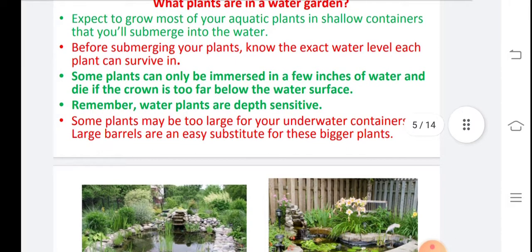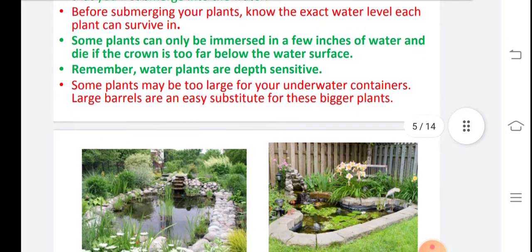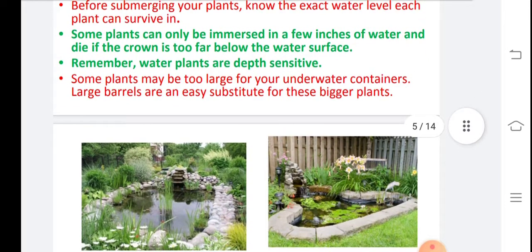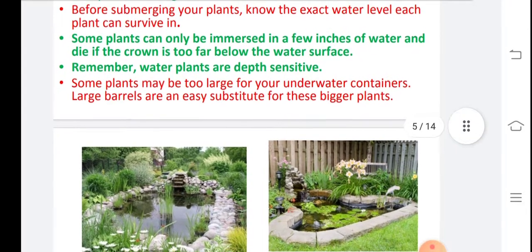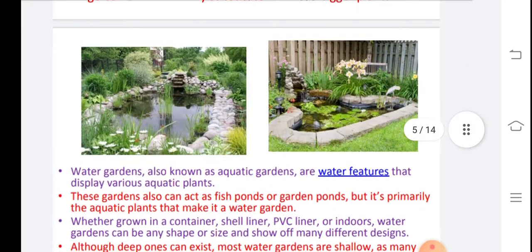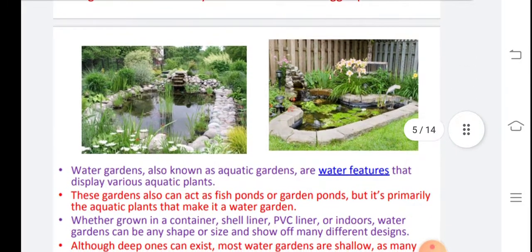At what depth should they be kept, right? Suppose a shallow position or deep, and it is also observed as a vision. So a specific vision should be there, right? So we have to consider this.